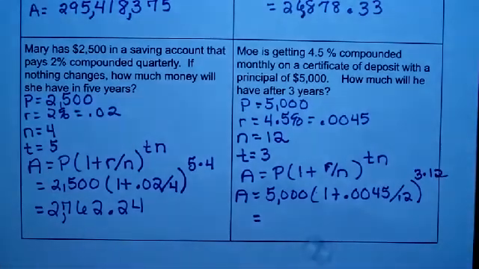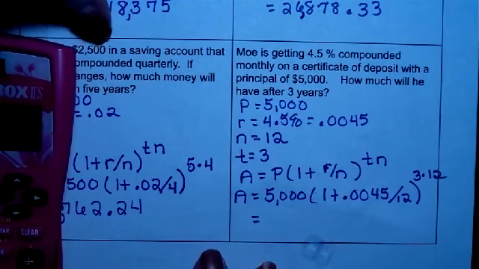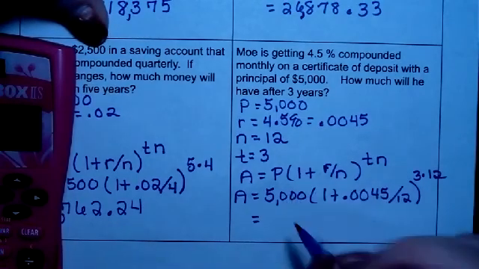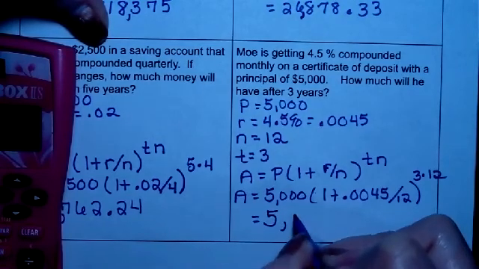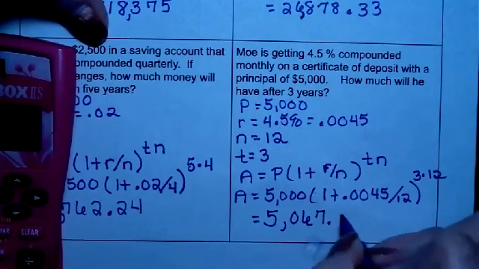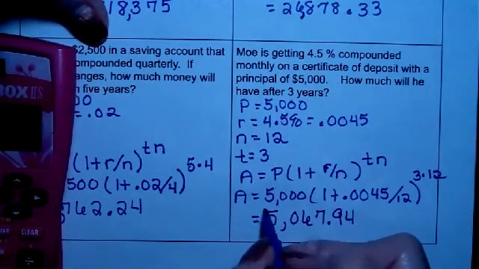Again, just grabbing my calculator, let's type this in, 5,000 parentheses 1 plus 0.0045 divided by 12. Close that parentheses, and we're going to raise that to the 3 times 12 power. And when I get ready to write this down, I'm going to make sure that I round to 2 decimal places because, again, it's money to the nearest penny. $5,067.94.